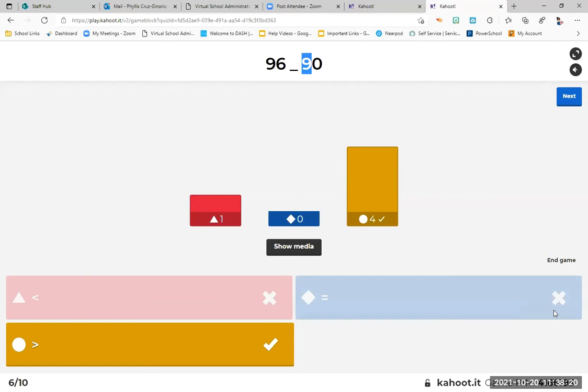Why? What place is that? Is it in the tens place or the ones place? Ones place. That's right. If the tens are the same, go look at the ones. See which baby is greater. Good work. Awesome job, guys.